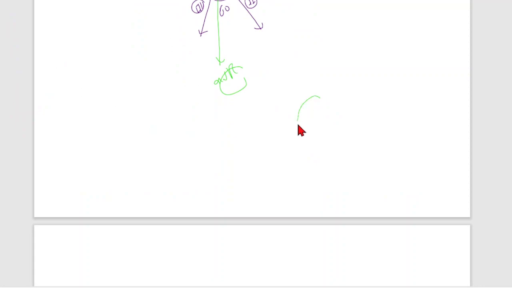For example, this is your heart, and here right ventricular hypertrophy occurs. This side becomes large, the thickness, so there is more myocyte mass.